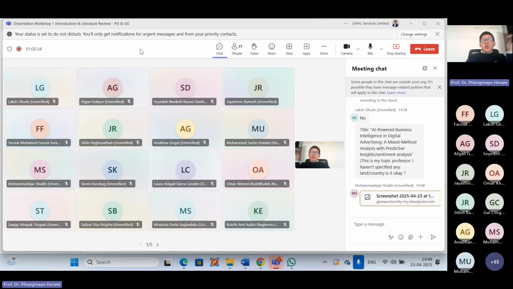All right. So please make sure you have 12,000 words and each chapter carries equal marks, right? So when you divide the word count, of course it's true that the literature review and data presentation chapters are normally bigger than the conclusion or introduction.